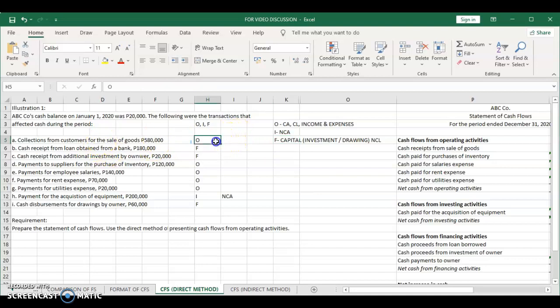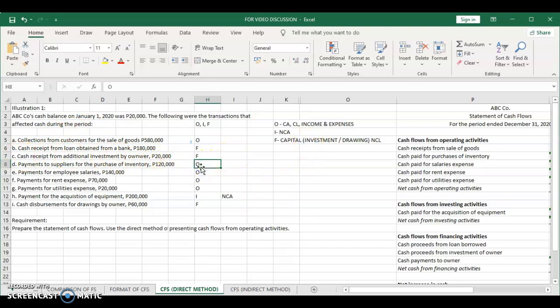So, let's identify. The first transaction, that is operating, kasi meron tayong sale of goods. Letter B, cash receipts from loan obtained from a bank. That is nag-loan, that is financing. Cash receipt from additional investment by the owner, that is financing kasi investment.